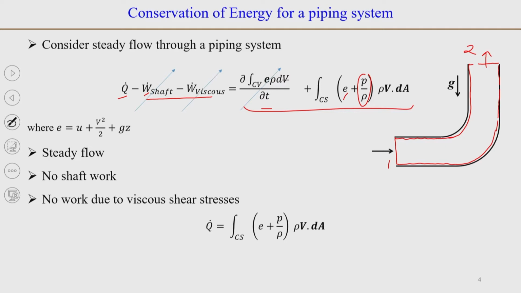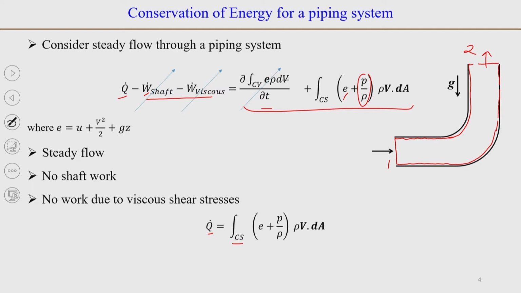That gives us a simpler relationship. You will have Q dot, the rate of heat exchange, equal to the integral over the control surface of E plus P by rho, times rho V dot dA.